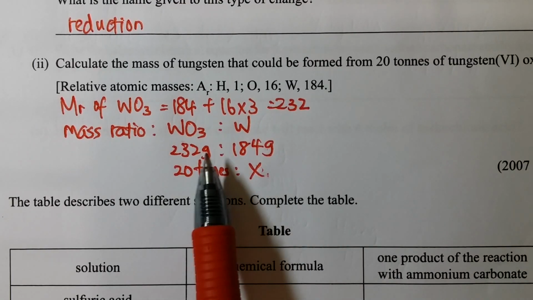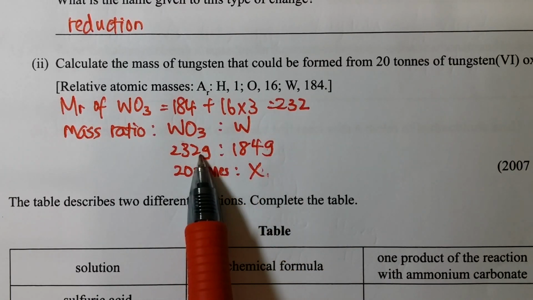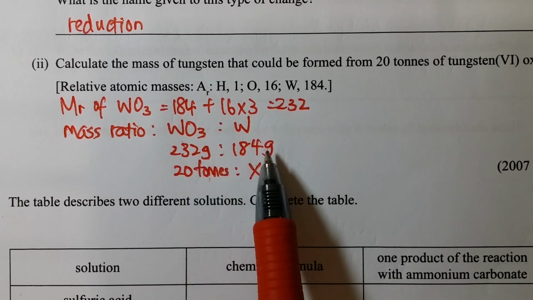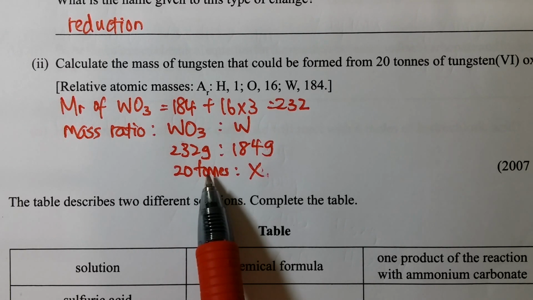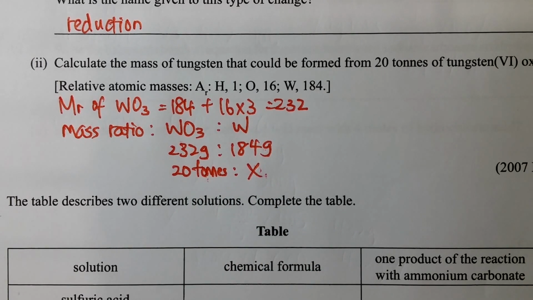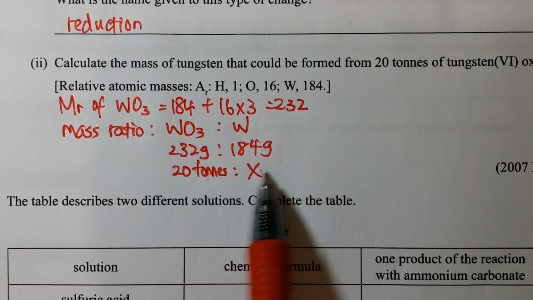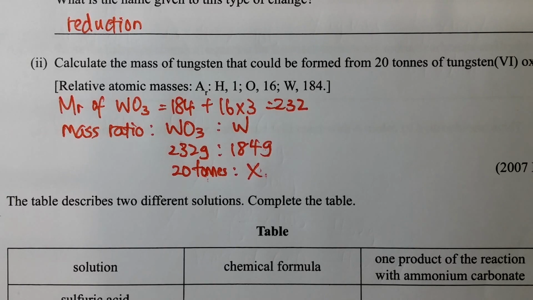Okay, so remember gram, ton. It cannot be gram, ton, and then kilogram, ton. Cannot. So it's by row. By row, the unit must be the same. Gram, ton.